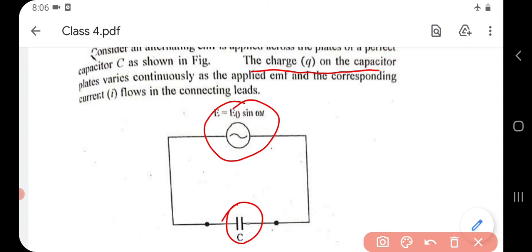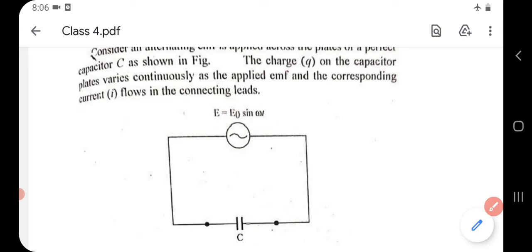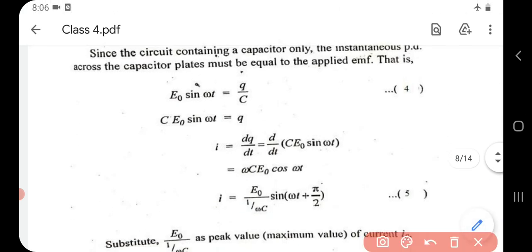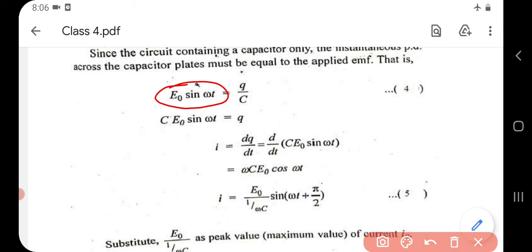It varies continuously as the applied EMF, and the corresponding current flows in the connecting leads. So in the case of an AC circuit containing capacitor, the EMF that we are applying, that is E0 sin omega t, will be equal to Q by C. Q is the charge on the capacitor, C is the value of capacitance.